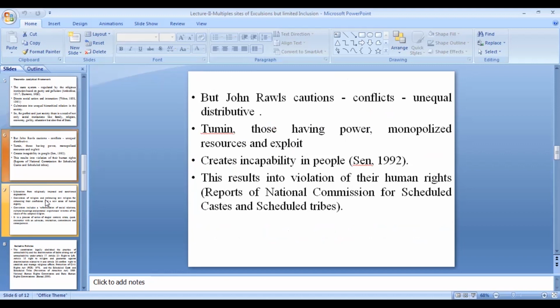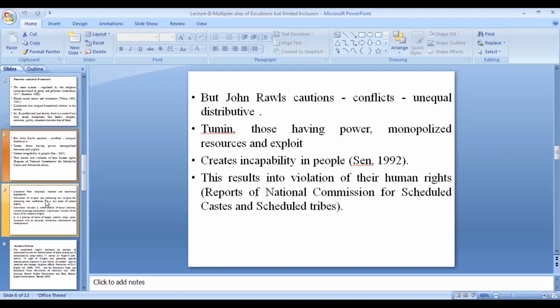Now, why so further? John Rawls gives us caution that conflict, like social process, arises from the unequal distributive share due to the interference of social institutions. According to Truman, those having power exploit the rest in the competition for resources to be shared, and eventually get monopolized resources and power. Now, this monopolistic control on resources creates incapability in people.